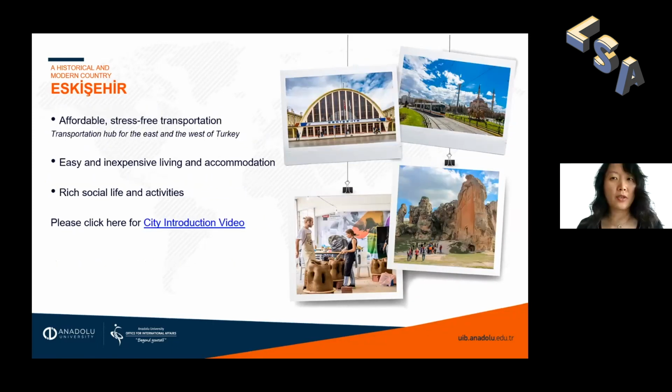Because it is at the heart of Turkey, there is very convenient transportation from all places of Turkey. This is actually a junction point of the express train of Turkey.